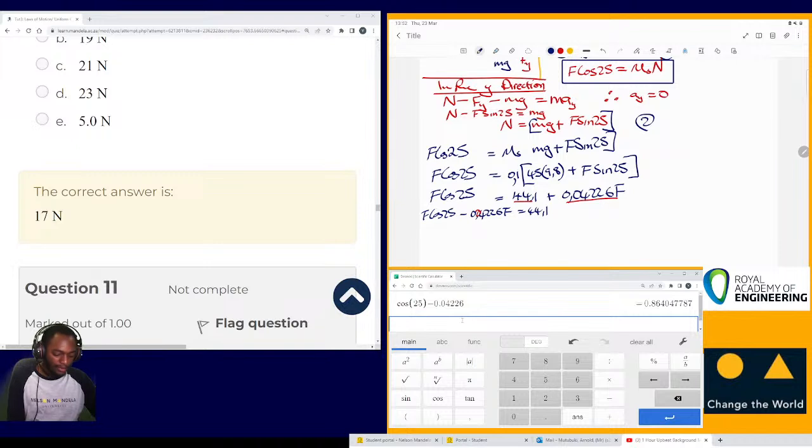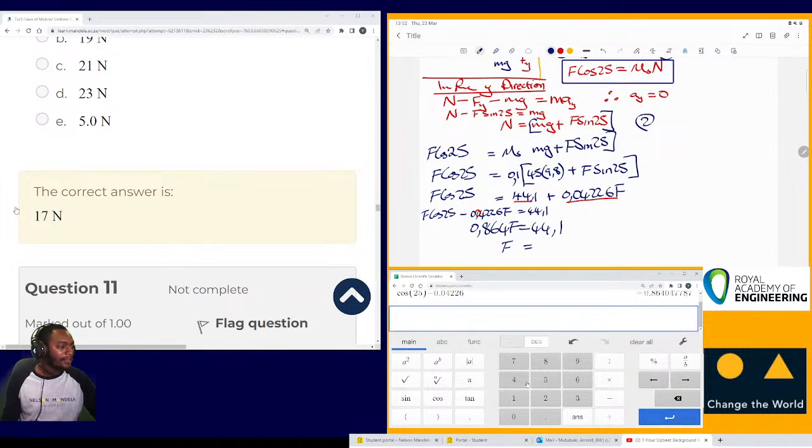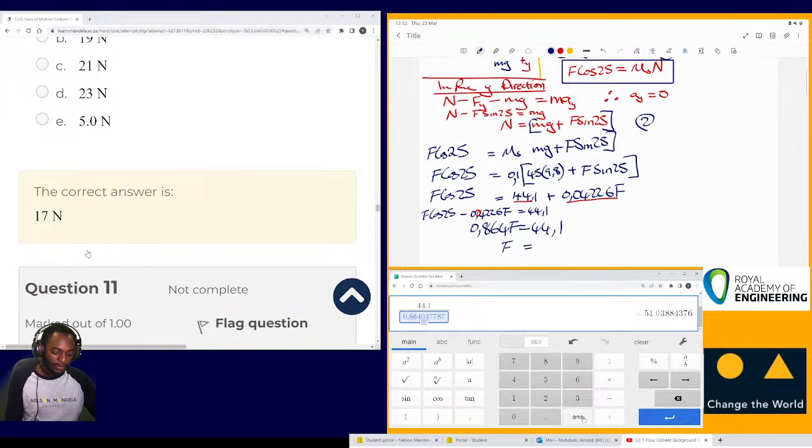Which then becomes equal to 0.864 F equals to 44.1. So F is going to be equal to 44.1 divided by that. We get 51 newtons, which they asked for.